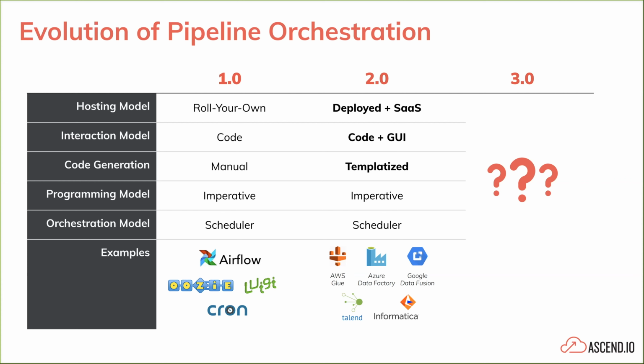Then we moved into 2.0 with SaaS-ifying some of these orchestration engines, right? So removing some of the pain point around where it is being deployed to, maybe adding a little bit of a GUI experience to make it more accessible to more people. Maybe some of the code is being templatized and auto-generated so that you're not mechanically building every repetitive step of the way.